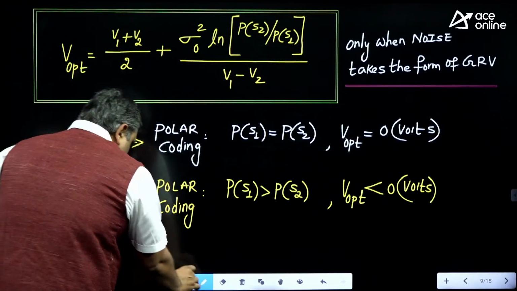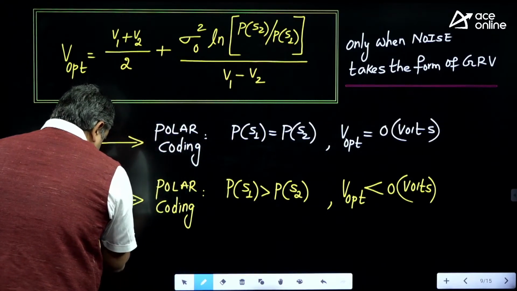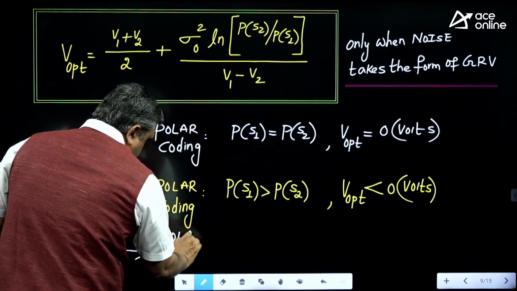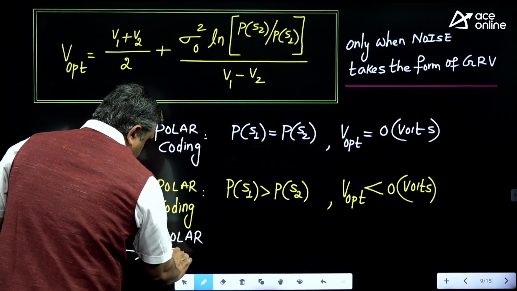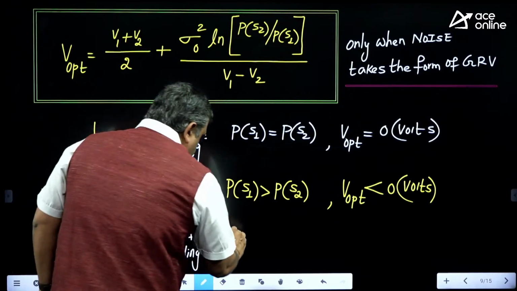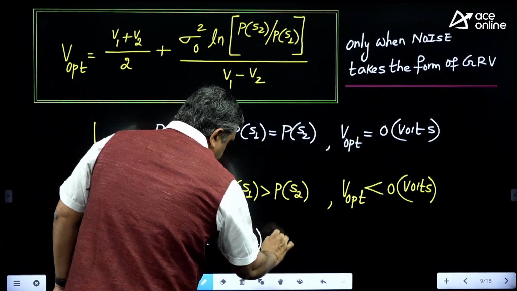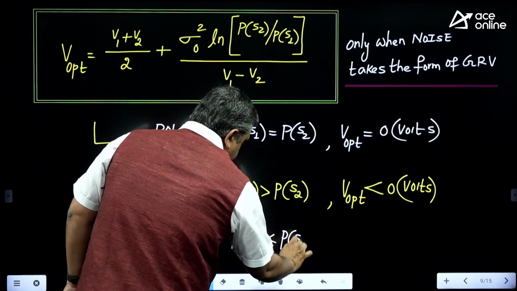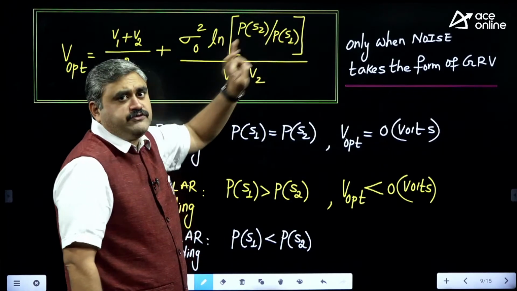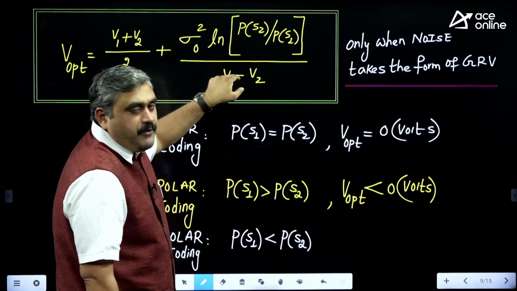Similarly, again if you take the same polar coding scheme, where I have selected P of S1 as less than P of S2. Probability of occurrence of S1 is less than S2. That means what? This ratio will become now positive. Then already this part is positive, 0 added with the positive value will be positive.